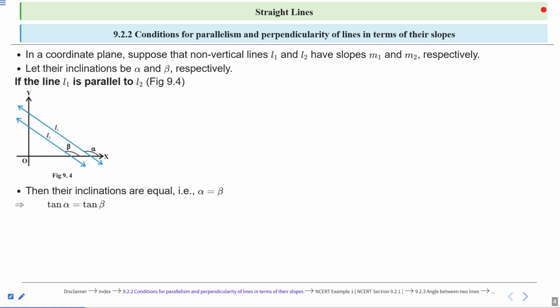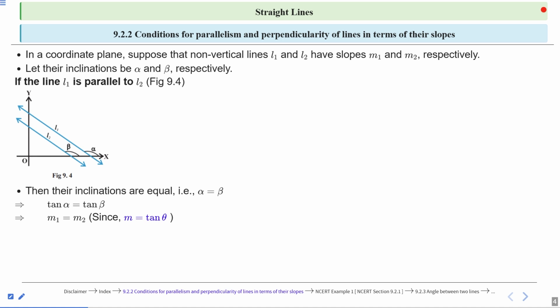We have given that the line L1 is parallel to the line L2, and their inclinations are equal, that means alpha is equal to beta. So it implies tan alpha equals tan beta, and so M1 equals M2. Why? Because the slope of the line L1 is M1, and M1 is equal to tan alpha, where alpha is the inclination of the line L1.